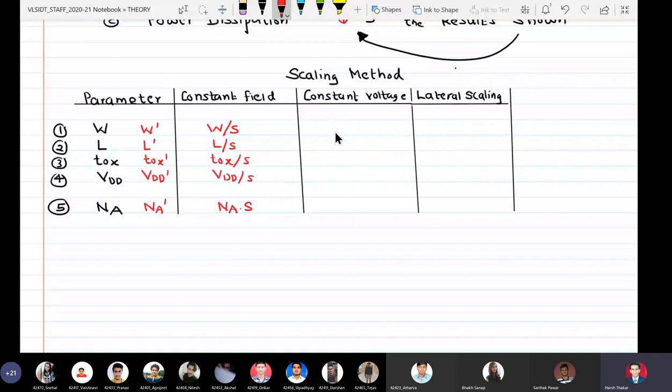Constant voltage scaling: W by S, L by S, Tox by S, no scaling in VDD, and here again the same.